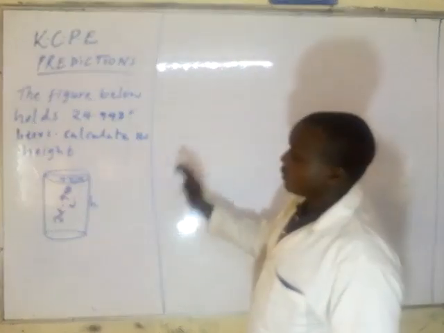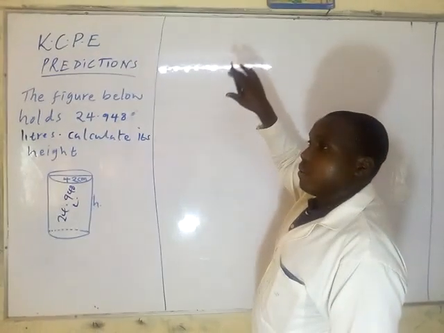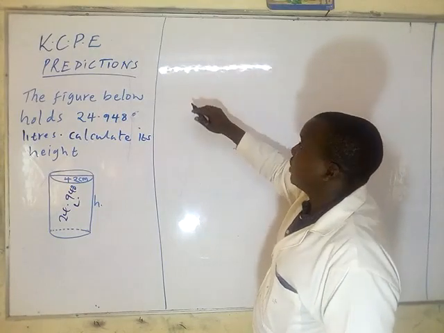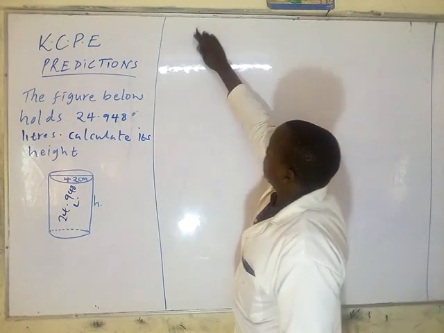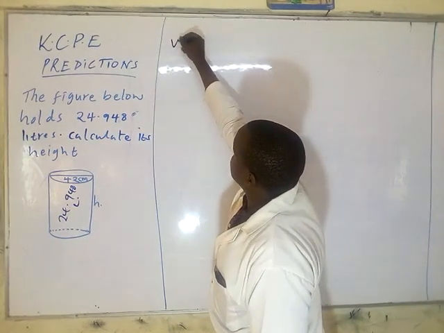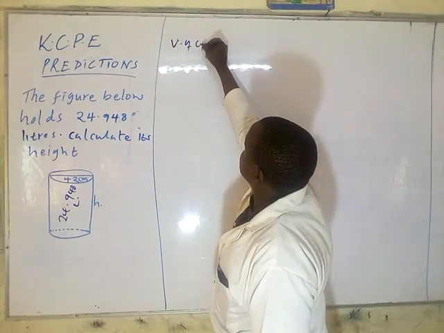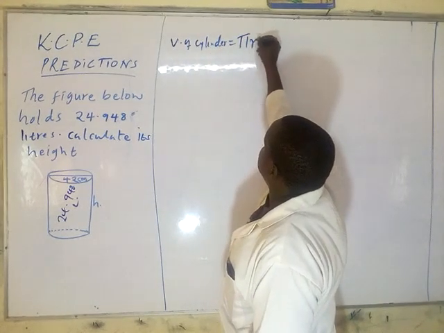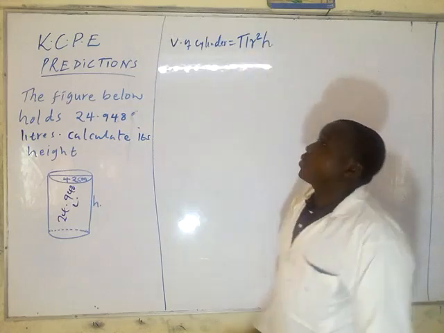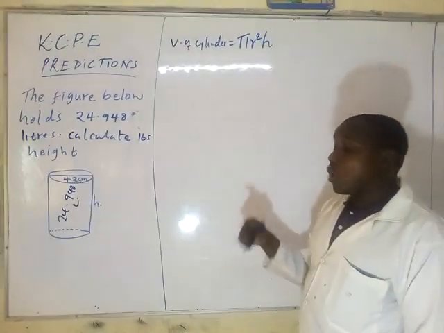So we should know the formula of getting the volume of a cylinder. The formula must be in your mind. I say that the volume of a cylinder is given by pi r squared h. That is the formula which you must have and know how to use.